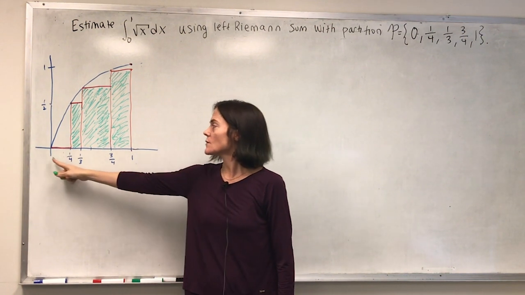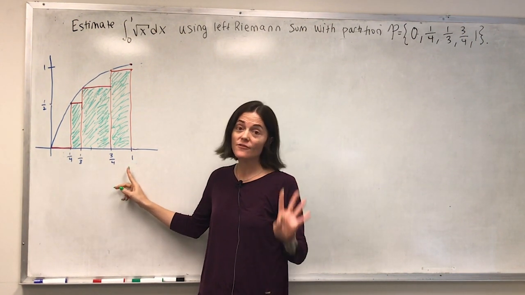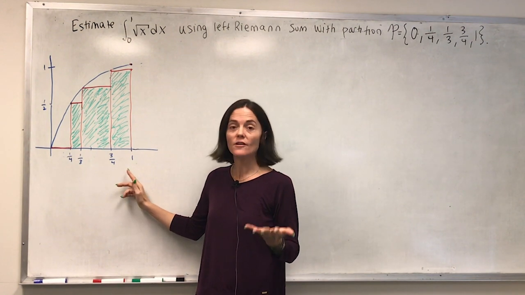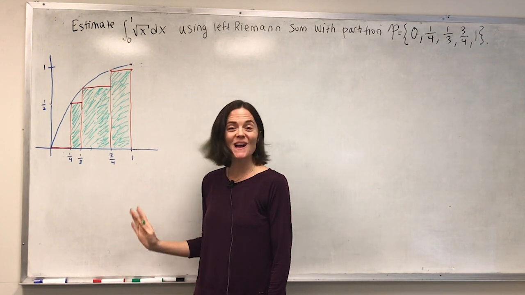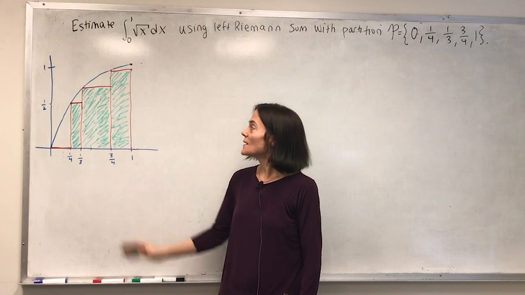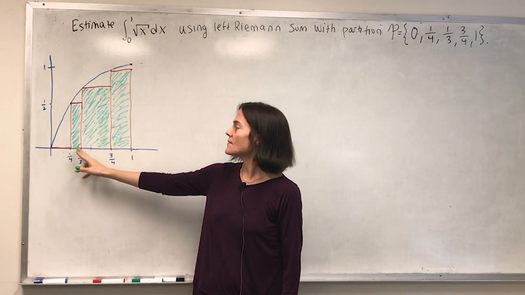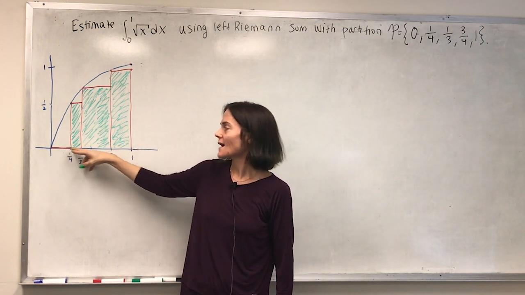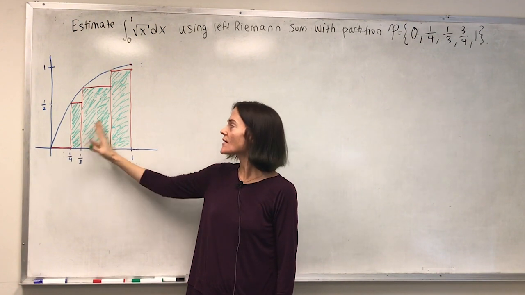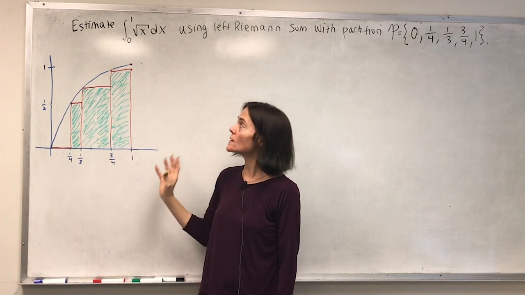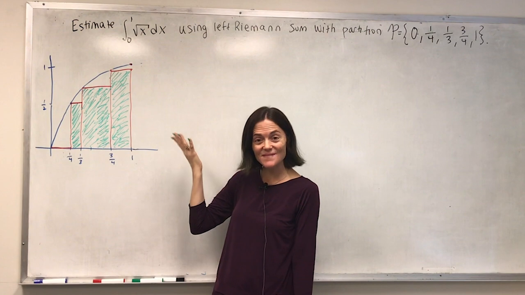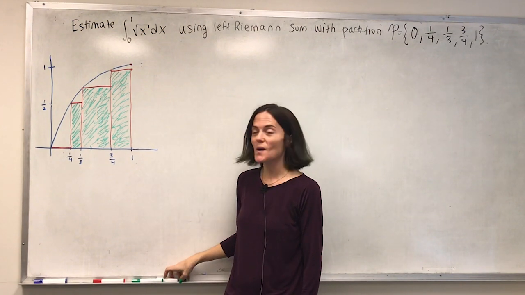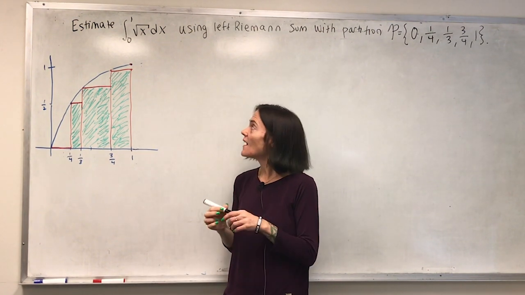If we did, this length is 1. If we had 4 of equal length, they would all be a fourth, and they are not in this case. So here, this is a height 0 rectangle, but the area of these rectangles will approximate this, or be our estimation of this. And this is what we're trying to calculate.